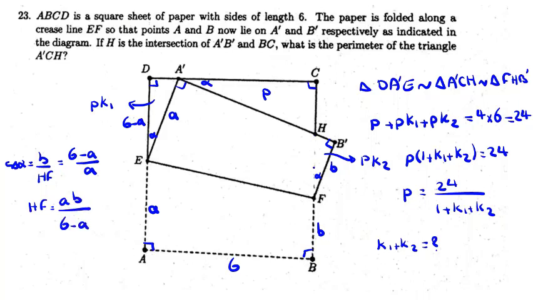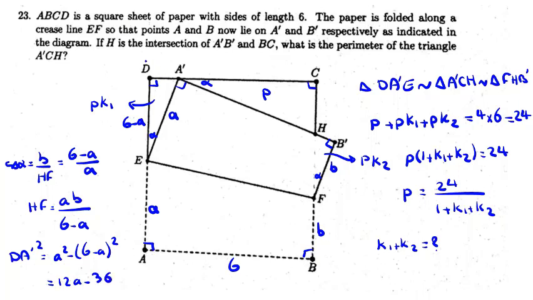So we found HF. Now we want to find B prime F also. We know it is b, so we should find CH. Now, this length, if you use the Pythagorean theorem, dA prime squared will be a squared minus (6 minus a) squared, which will be 12a minus 36.